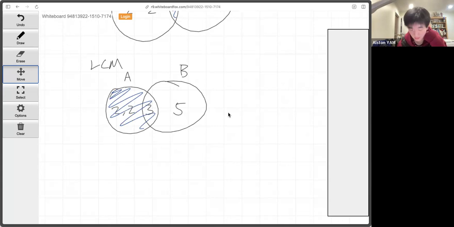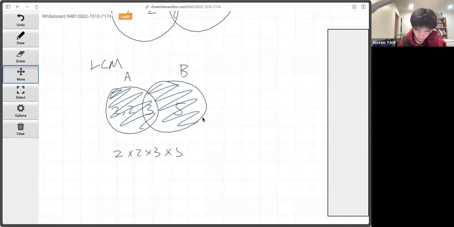So we are taking this entire shaded region. We are grabbing the 2, the 2, the 3, and the 5. So we're grabbing two 2s, one 3, and one 5. So the LCM will just be 2 times 2 times 3 times 5, which is 4 times 15, which is 60. So in this case, the LCM of 12 and 15 is equal to 60.